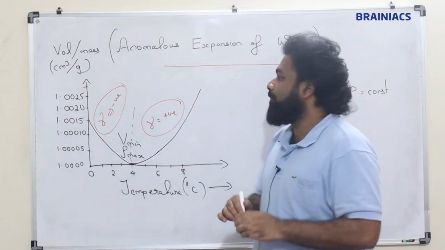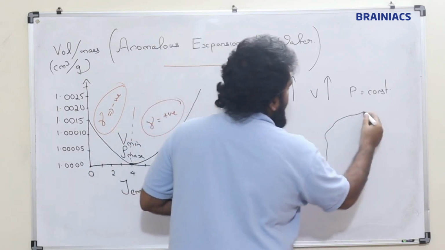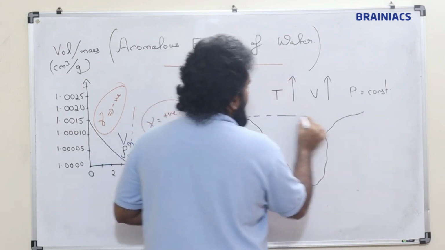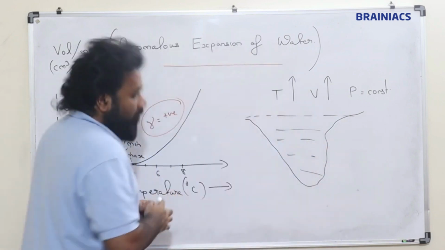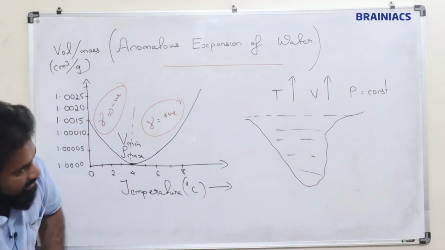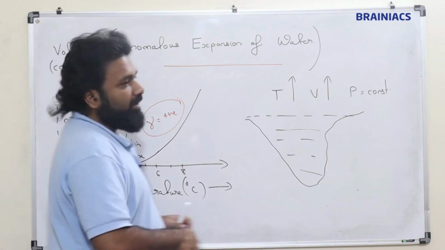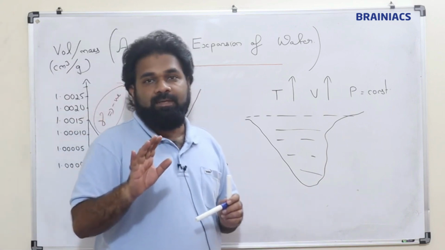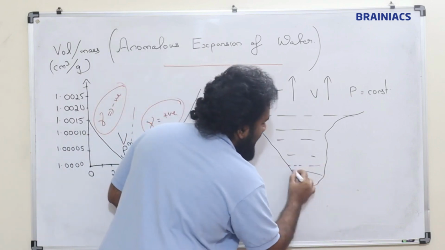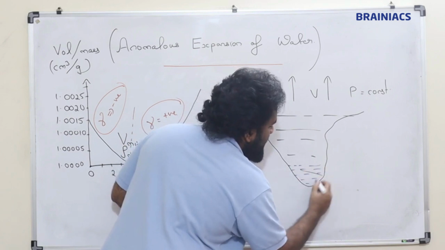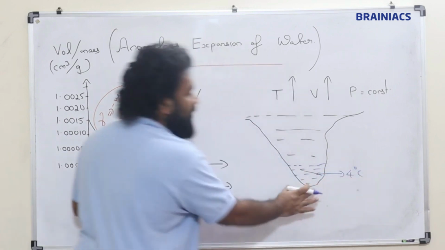So in winter, if we take any water body, where will the 4 degrees Celsius water be? The 4 degrees Celsius water will be at the bottom.